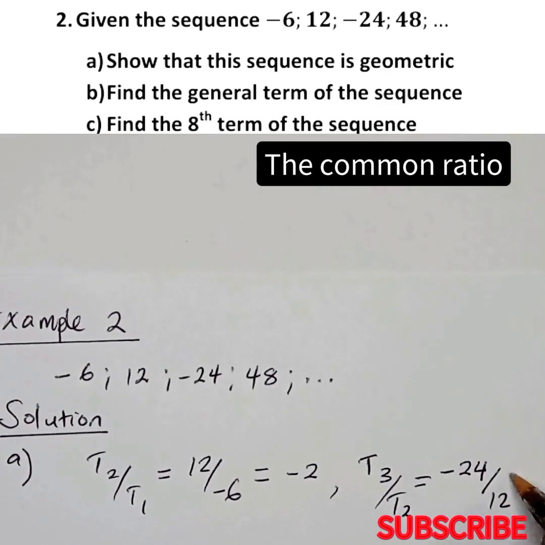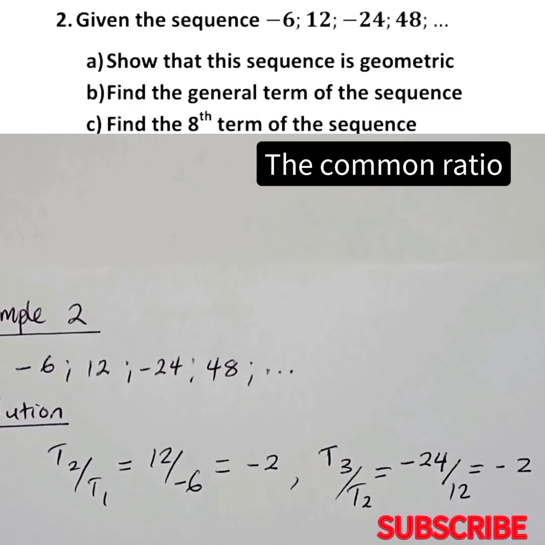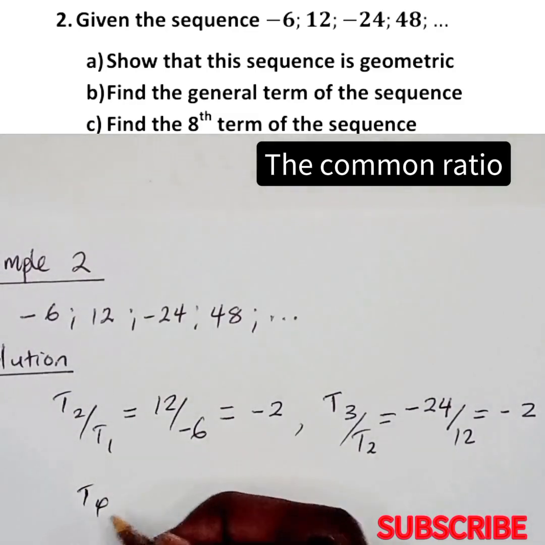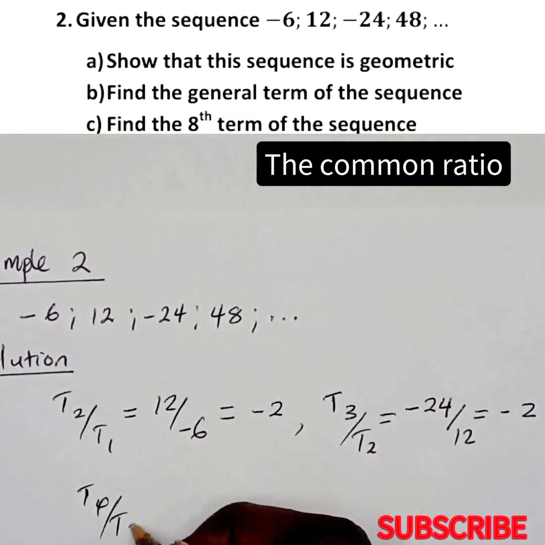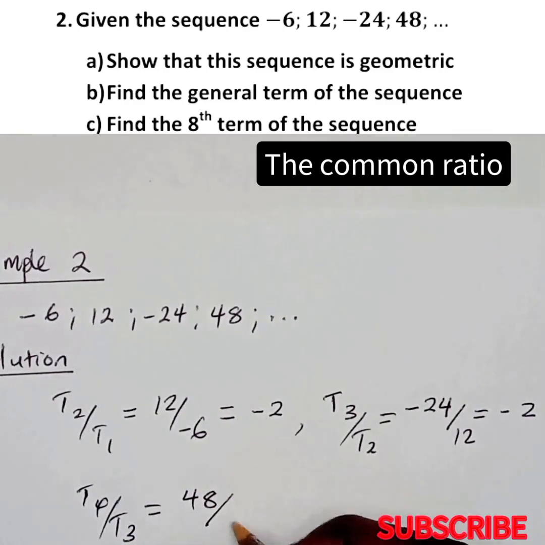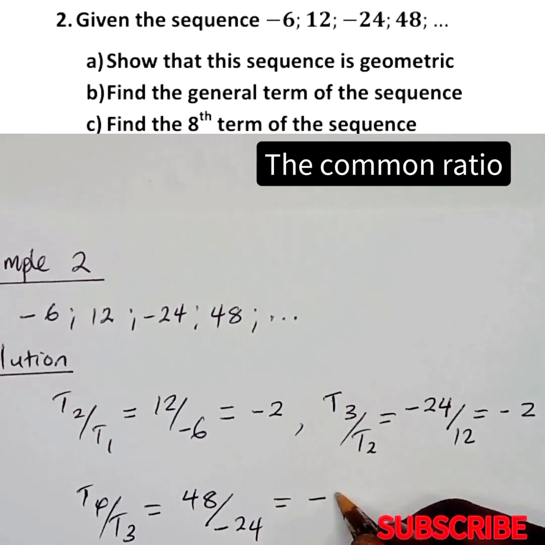And that's going to give us minus 2. All right. Now let's look for T4 divided by T3. That's going to give us 48 divided by minus 24. And the answer is still minus 2.